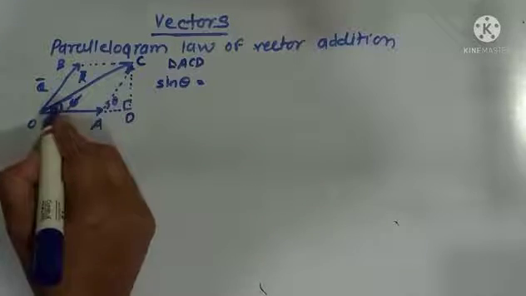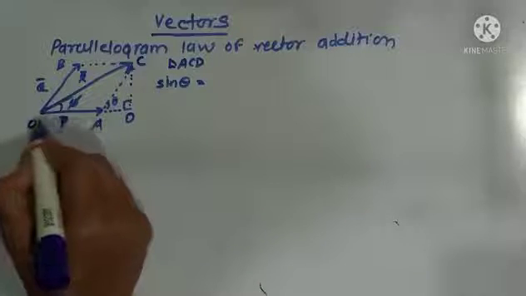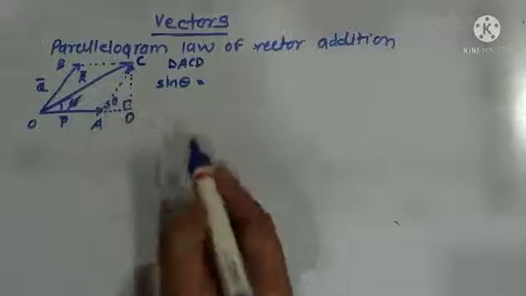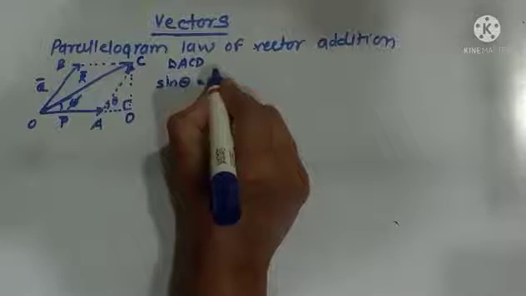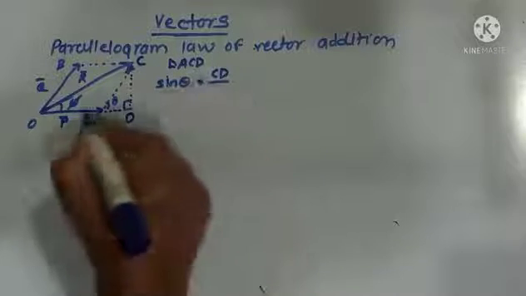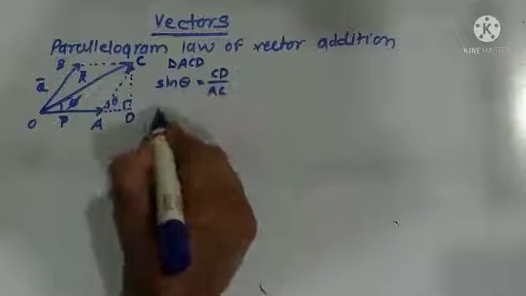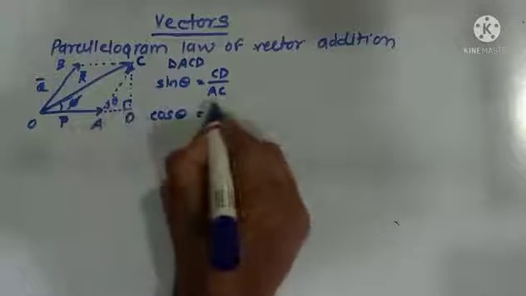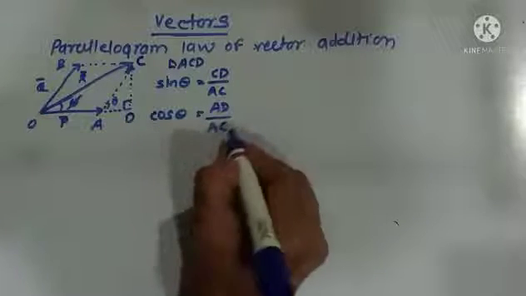The angle phi is the angle between the vector OA and the diagonal. So sine theta could be written as CD upon AC, and cos theta could be written as AD upon AC.